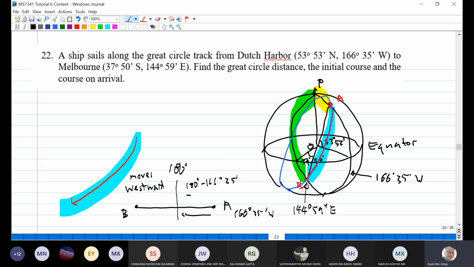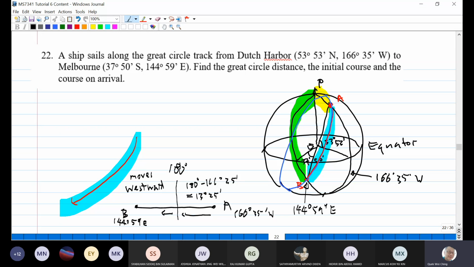So this part, the angle is 13 degree 25 minutes. Then continue to move to B. B is 144 59.